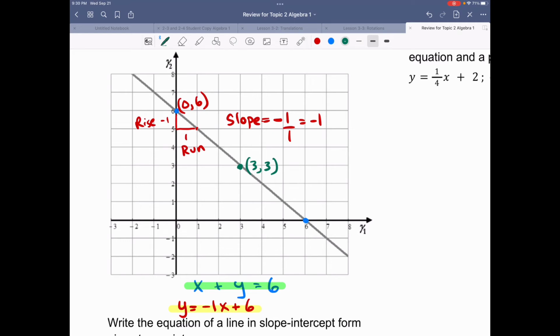So point slope would be y minus 3 equals, our slope is negative 1, and then x minus 3. So we've learned 3 different ways to write equations, and you should be able to name these as standard form, the green one, slope-intercept form, that's the yellow one, point-slope form, that's the purple one.